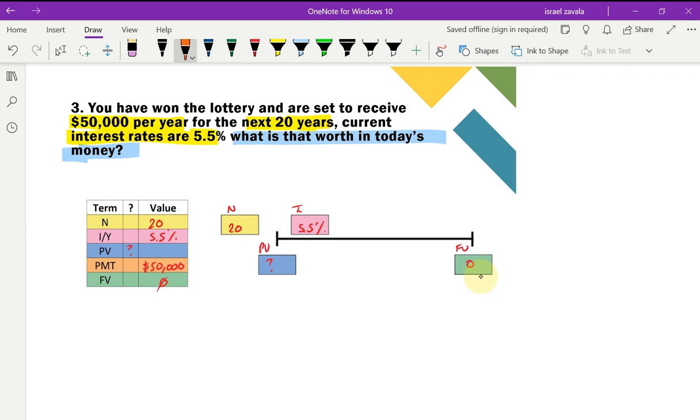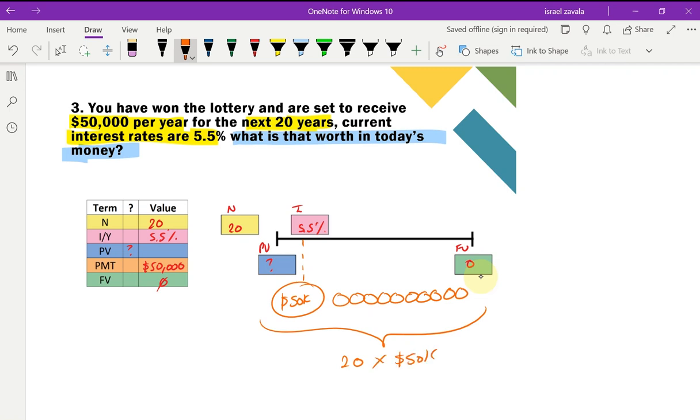All right, so this one I definitely can't do on a timeline because it's 20 years, right? But we're receiving $50,000, and imagine that there are 20 payments back to back, right? Here we have 20 payments times $50,000.